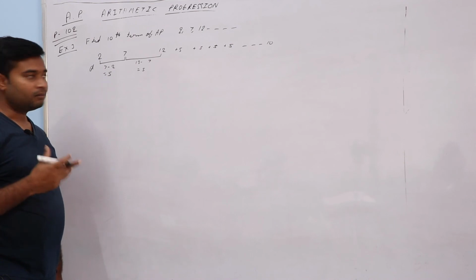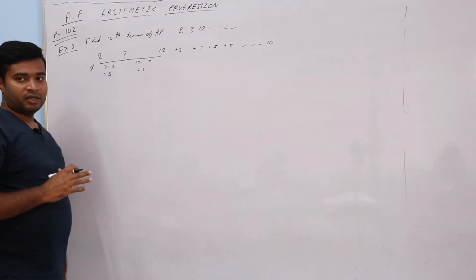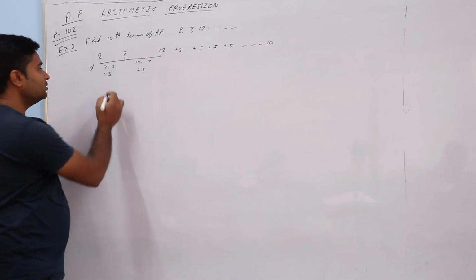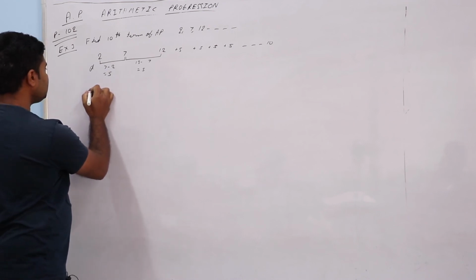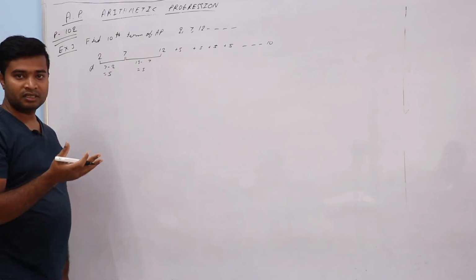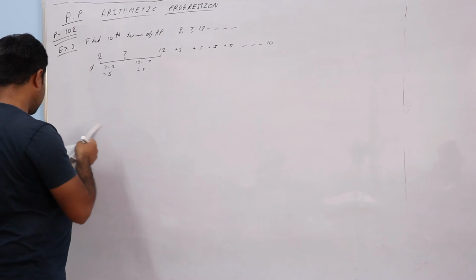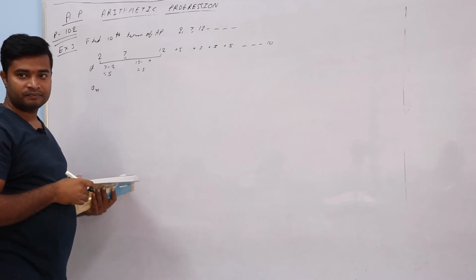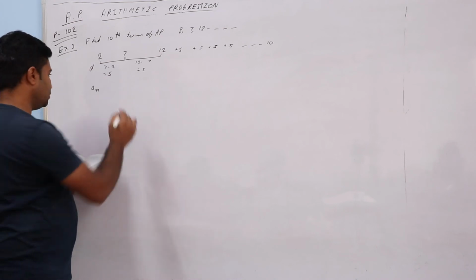Till now, whatever knowledge we have, we can do it this way only. But we have a formula for it, right? The formula for the nth term, AN, what is it? Do you remember? Speak.